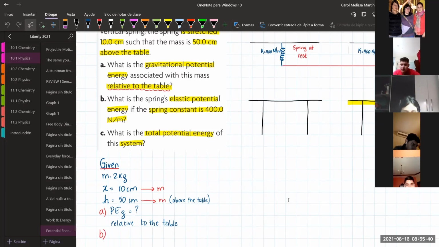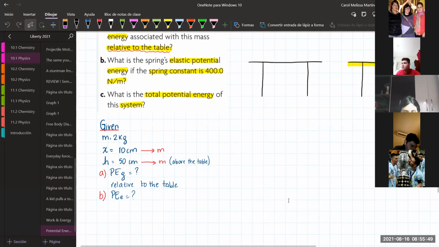In part B, it says, what is the elastic potential energy? PE elastic is unknown, but they're giving me a spring constant. The constant is given with the letter k, and it is 400 Newton over meter. And in part C, it says, what is the total potential energy of the system?